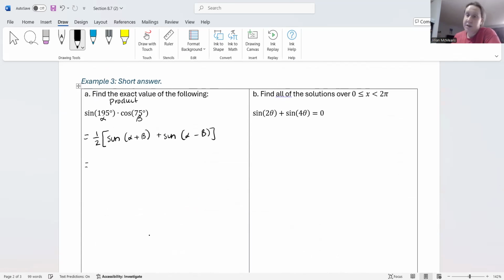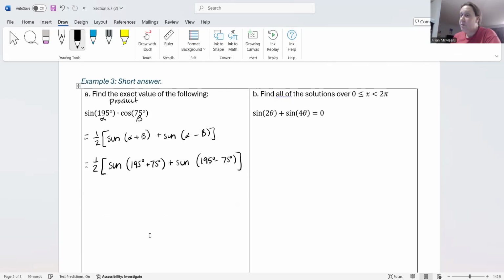Okay, so let's fill everything in. So we get 1/2, and then I have sine of 195 degrees plus 75 degrees, because that's my alpha and that's my beta. And then I'm going to add to that sine of alpha minus beta, so 195 degrees minus 75 degrees.